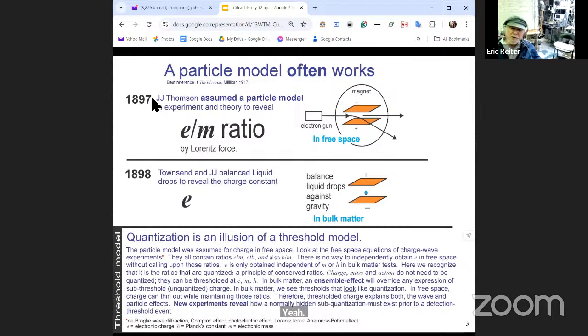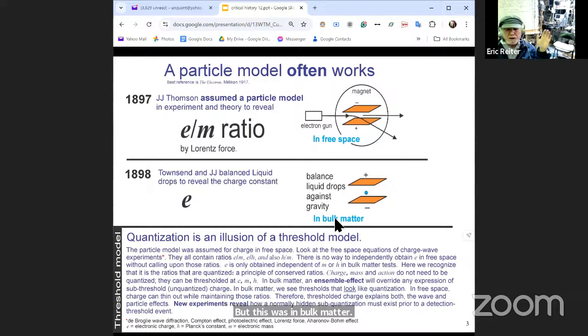So the great J.J. Thomson did the experiment to show the charge to mass ratio of the electron, and he assumed the particle model in free space. Very soon after, his associate, Mr. Townsend, and also J.J., balanced liquid drops to see the charge constant independently, but this was in bulk matter.